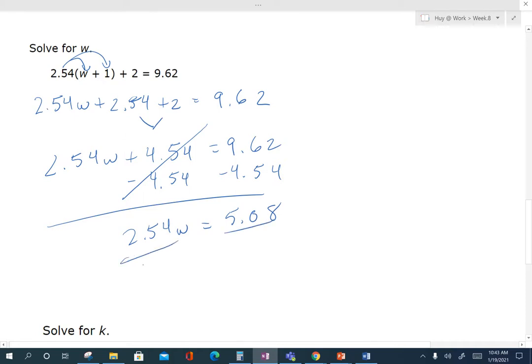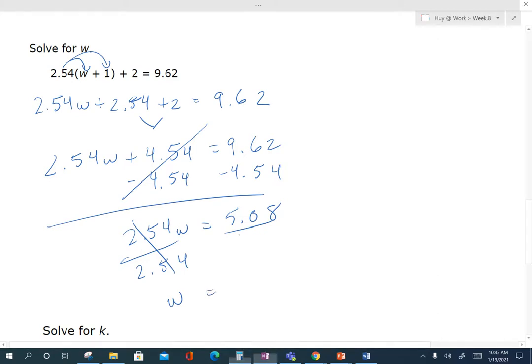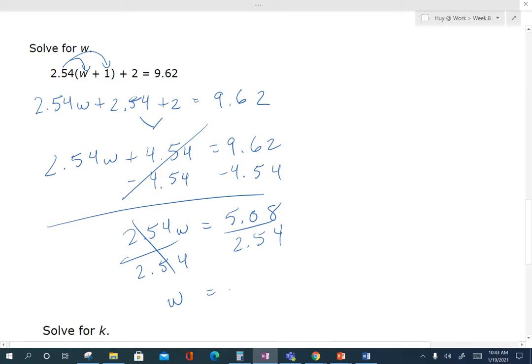So now let's divide both sides by 2.54 so that these cancel out. So w is isolated now. 5.08 divided by 2.54 equals 2. w equals 2.